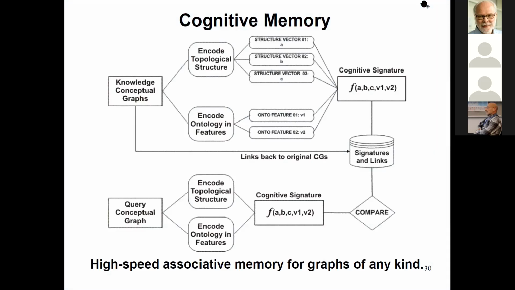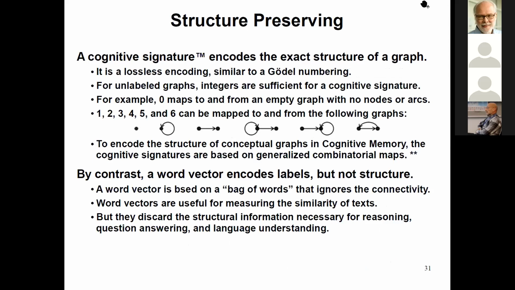And it's based on Cognitive Memory, which is a system for mapping graphs to and from an internal notation that gives you a high-speed associative memory for graphs of any kind. And you can read the slides yourself to get more detail. And the point is that Cognitive Memory preserves the exact structure of a graph. It's a lossless encoding similar to a Gödel numbering. It preserves all of the information.